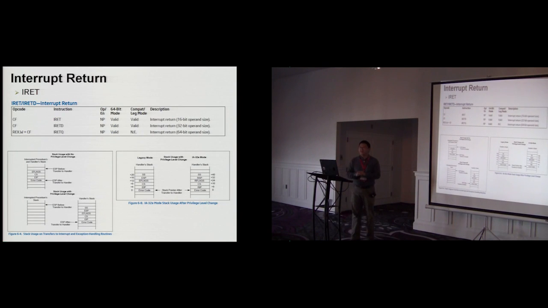So, iret. This is an interesting one, because usually iret will be used by kernel space after you handle the user space call. Then you can use iret to return for syscall.